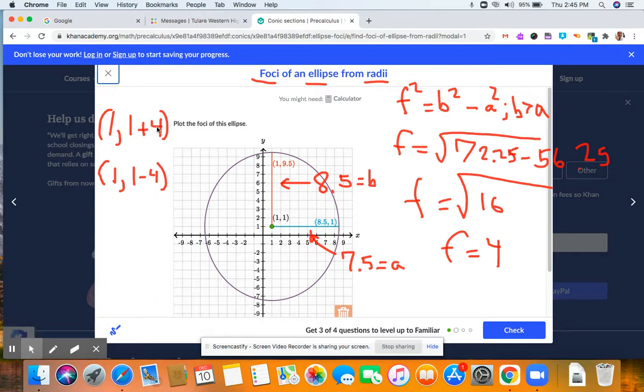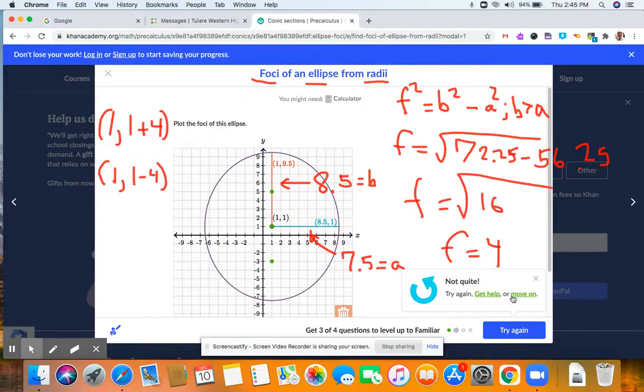So that's 1, 5, and 1, negative 3 if we do it right. 1, 2, 3, 4. Hey, 1, 5, check. 1, 2, 3, 4. 1, negative 3, check.